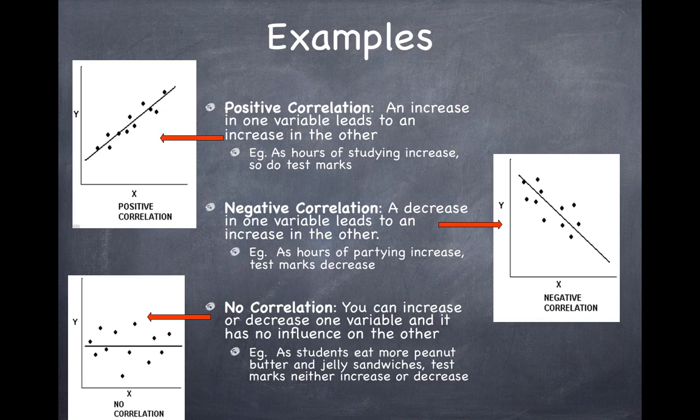Whereas a negative correlation is a decrease in one variable which leads to an increase in another. In that example, as hours of partying increase, test marks decrease. And no correlation would be you can increase or decrease one variable and it seems to have no influence on the other at all. As students eat more peanut butter and jelly sandwiches, test marks neither increase nor decrease.